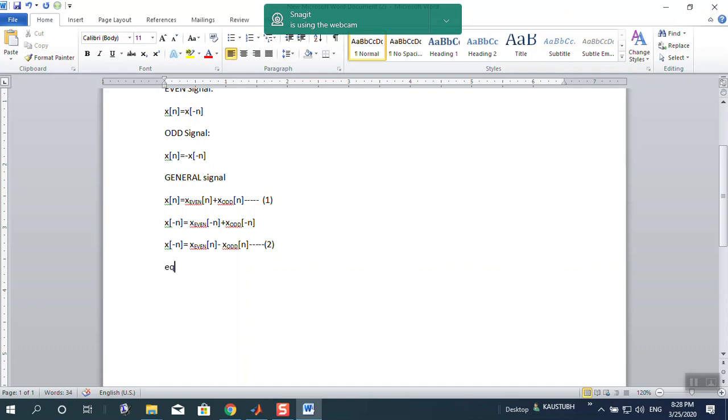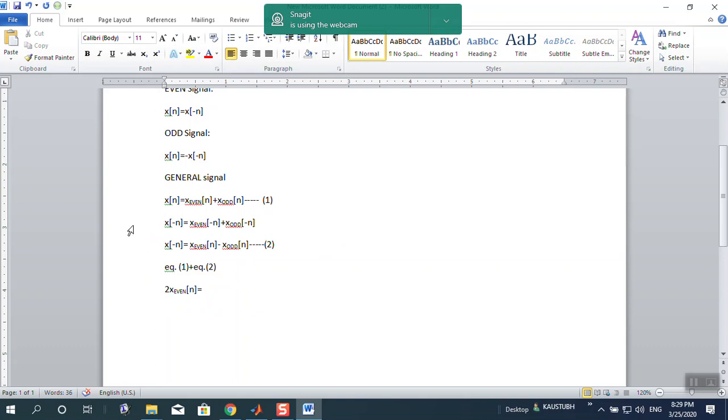equation 1 plus equation 2 will result, if we add it up, this will cancel out, so this will be twice of this, twice x even of n, and is equal to x of n plus x of minus n.